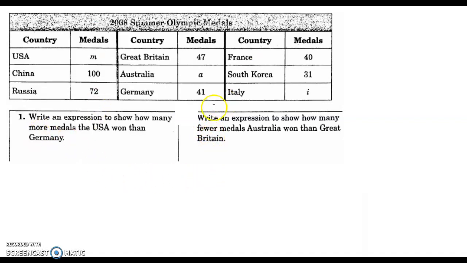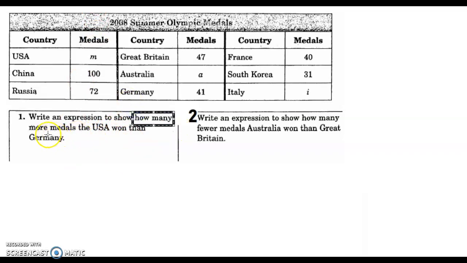It says, write an expression to show how many more medals the USA won than Germany. Well, let's see here. It tells us that USA won M and Germany is 41, right? So if I want to know how many more USA won, how many more?